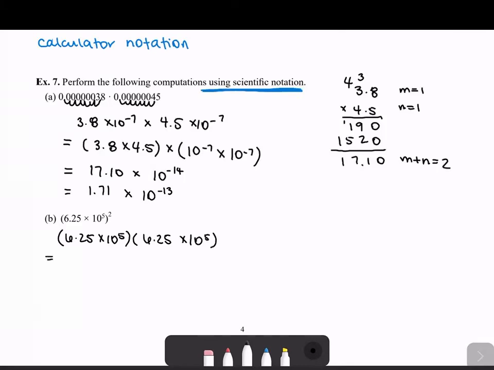And then we reassociate everything. So this is 6.25 times 6.25 times 10 to the 5th times 10 to the 5th. Okay, so now we need to multiply 6.25 and 6.25.